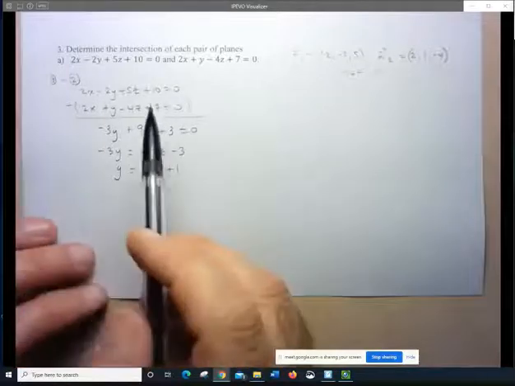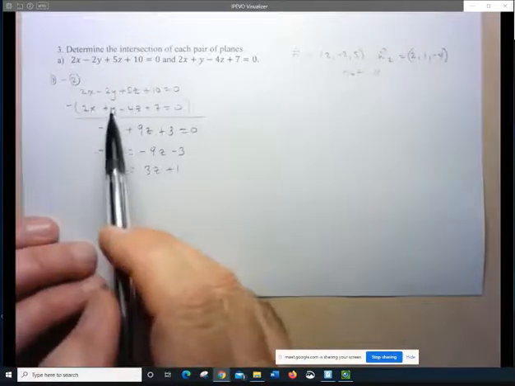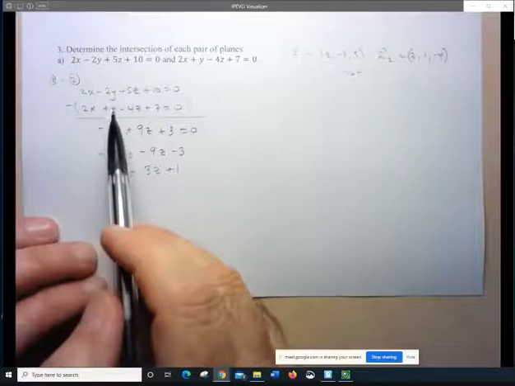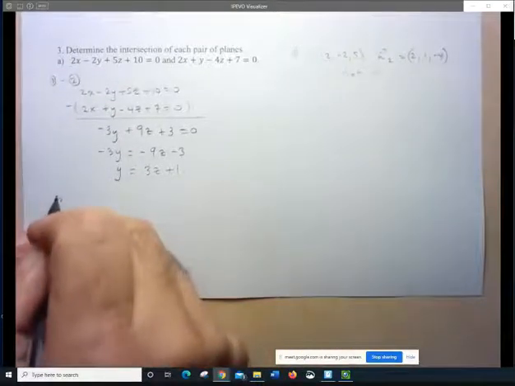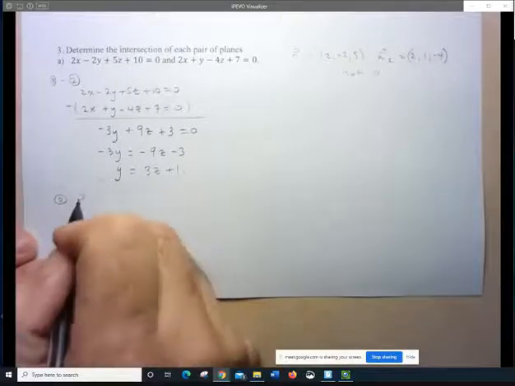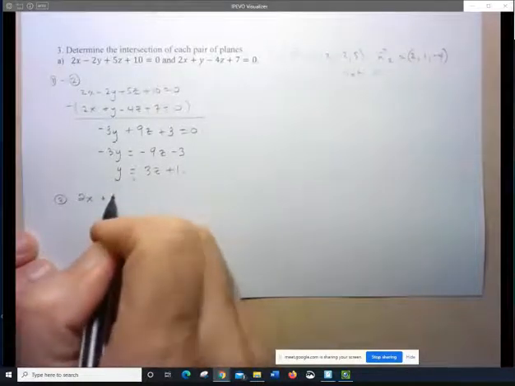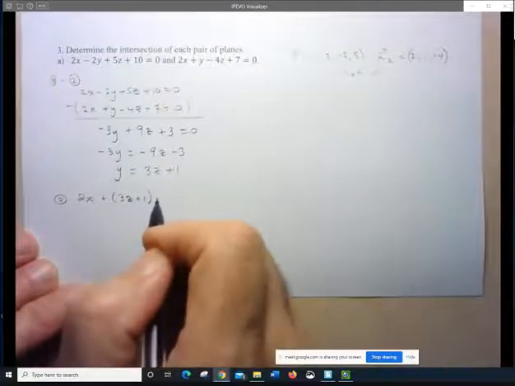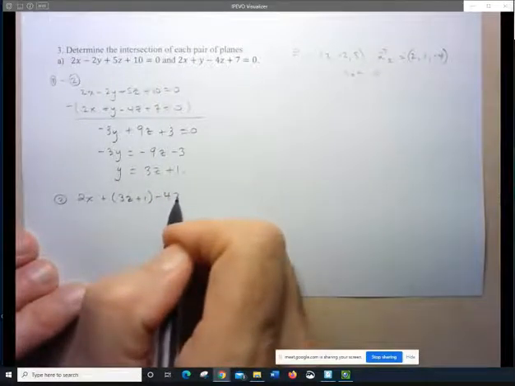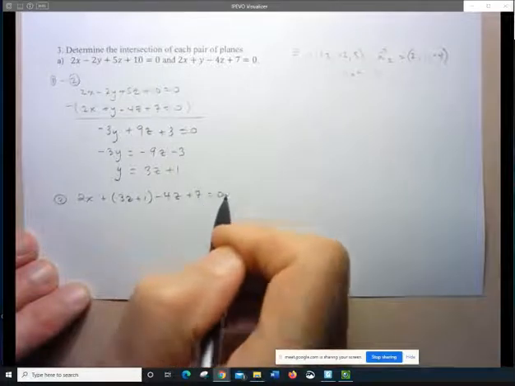I'm going to choose equation 2 because it's a little simpler. I have only y there, as we said before, as opposed to 2y. So let me take equation 2, 2x plus, now instead of y, I'm going to replace that by 3z plus 1, minus 4z plus 7 equals 0.